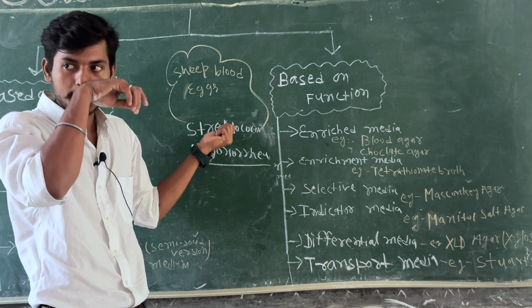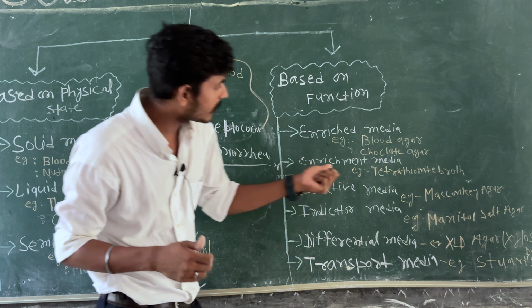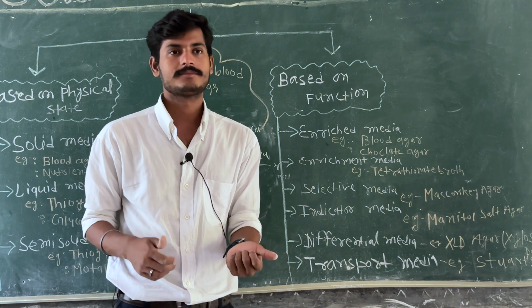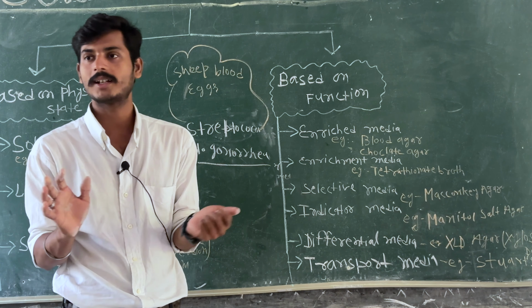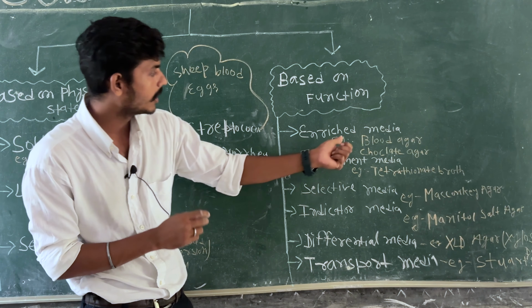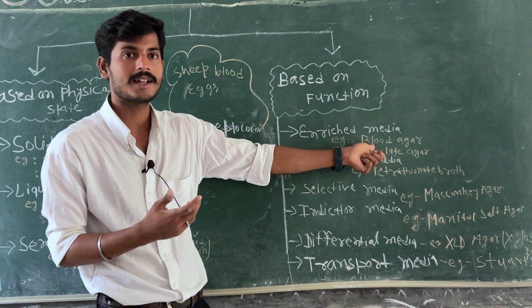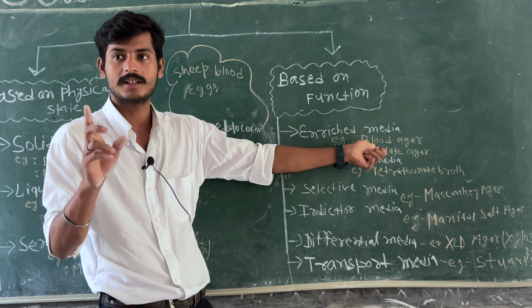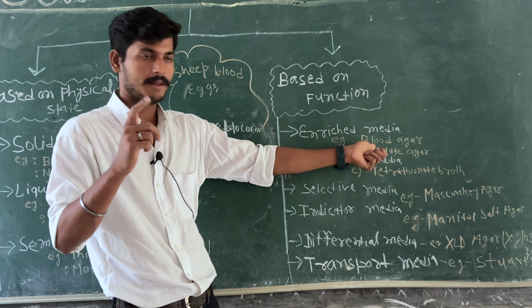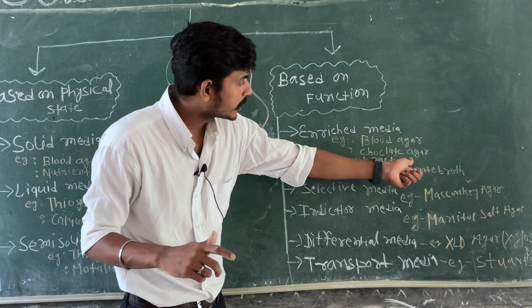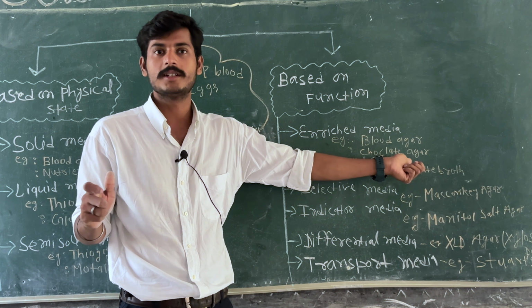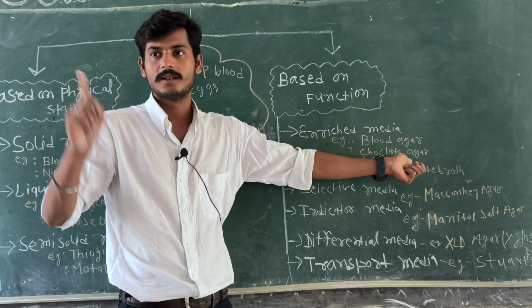Talking about the chocolate agar, although it is not chocolate, remember the color also. The blood agar is of course blood colored. If we're talking about the chocolate agar, it's brown in color.